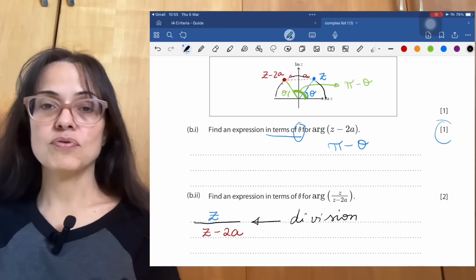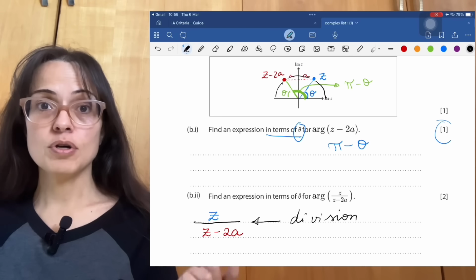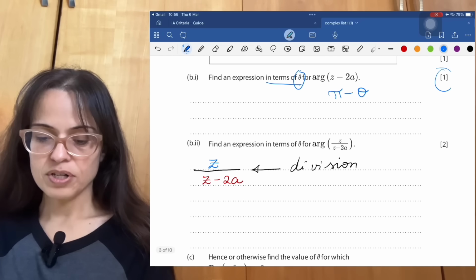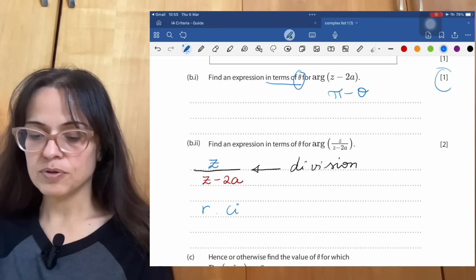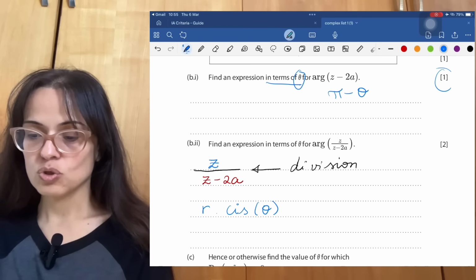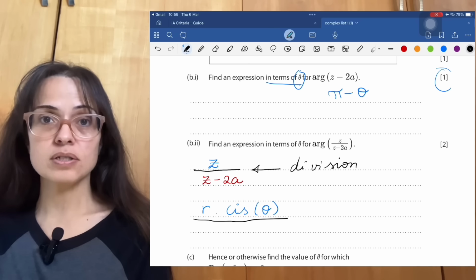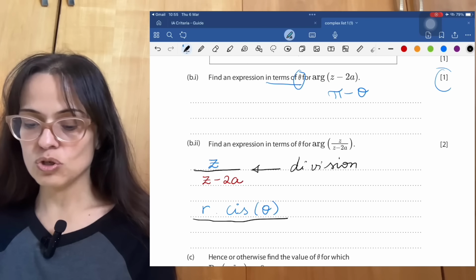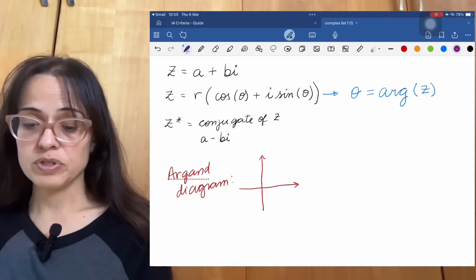So the Cartesian form is not the most appropriate. We should be using the polar form. So what is the radius of the blue number? I don't know. It doesn't matter because it's going to cancel out. So I'm just going to call it R. And here I am using another bit of notation that I haven't mentioned to you before, this cis thing. So I'm going to put it in my notation list here.